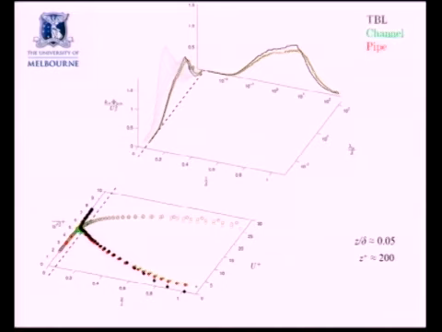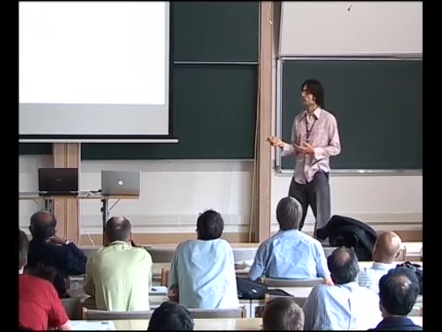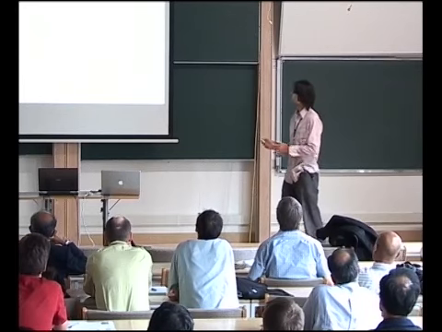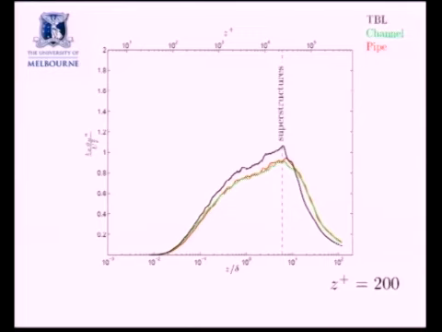And as we go out, I get to the point where Nick will say the superstructures peak. And if I blow that up, that's the spectra. Things kind of look the same. If I take an even closer look, I have the superstructure peak here, which Nick spoke about. It seems to be about the same scale for pipes, channels, and boundary layers. So I would say that those are kind of similar.